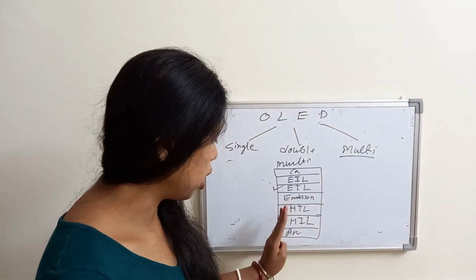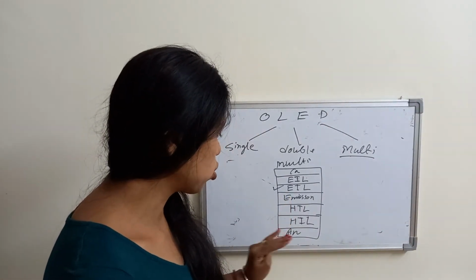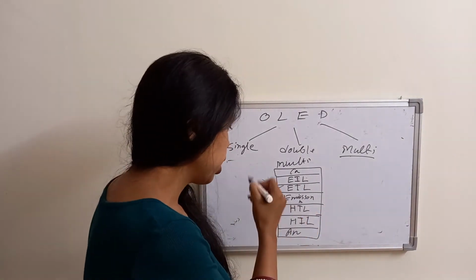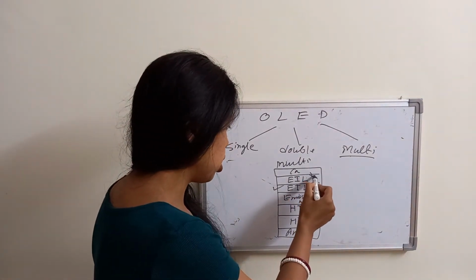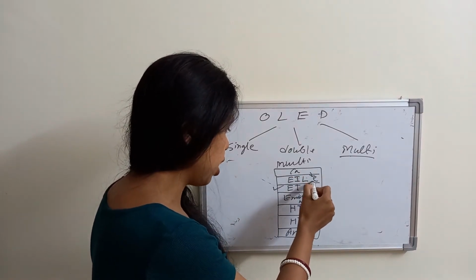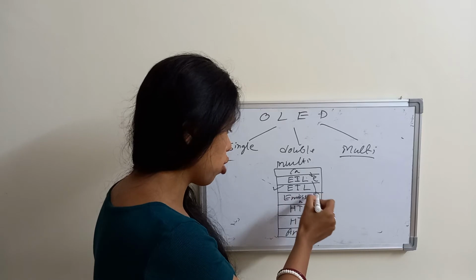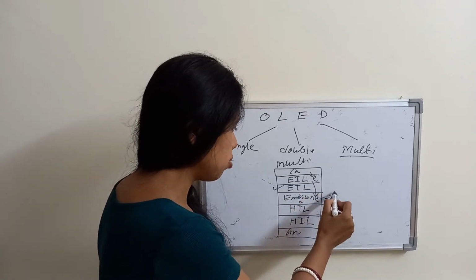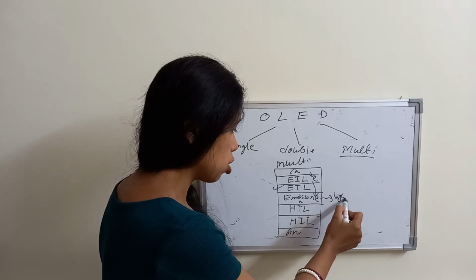The hole transport layer helps holes to transport from the injection layer to the emission layer. In this way, the electron will be injected by the electron injection layer and will transport through the electron transport layer inside the emission layer. In this layer, we will get the light.